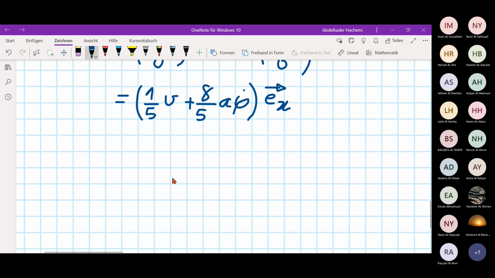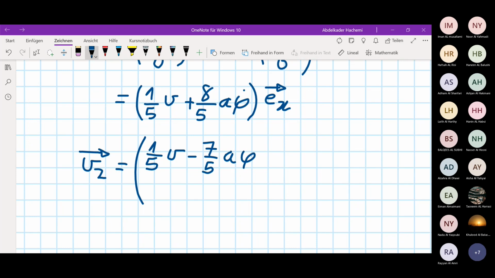And now if we develop further, we have here V2 will be equal to 1 divided by 5 V minus 7 divided by 5 A phi dot in x direction minus A divided by 5 multiplied by phi dot in y direction, and here 0. Okay.